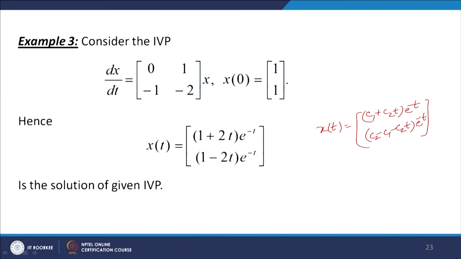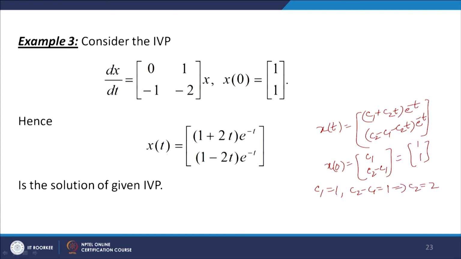If we want the solution of this initial value problem, then let us put t equal to 0. So, x(0) is equal to, what I get, C1 and here we get C2 minus C1. Now, x(0) has to be equal to (1, 1). So, C1 is equal to 1 and C2 minus C1 equal to 1 implies C2 equal to 2.